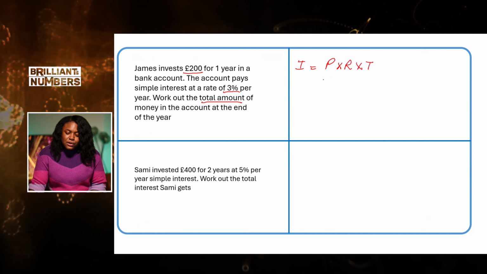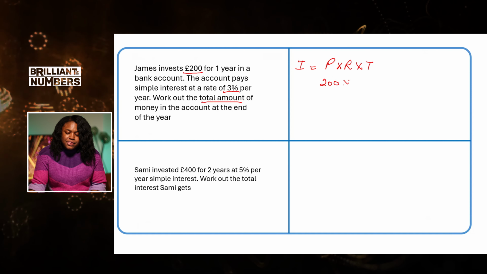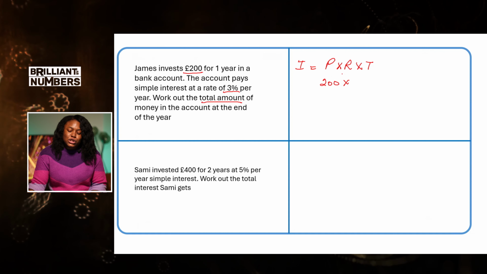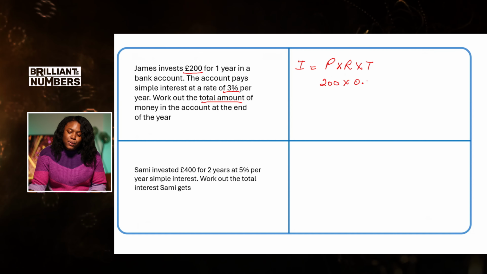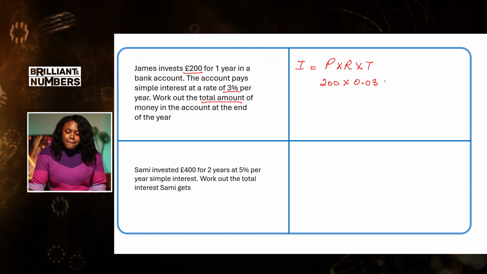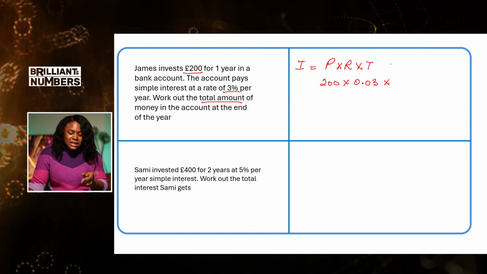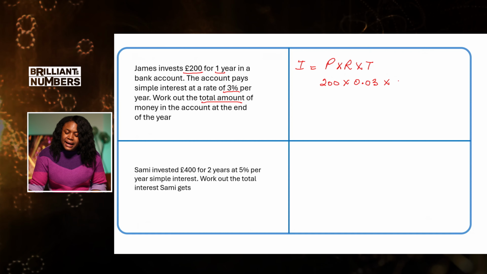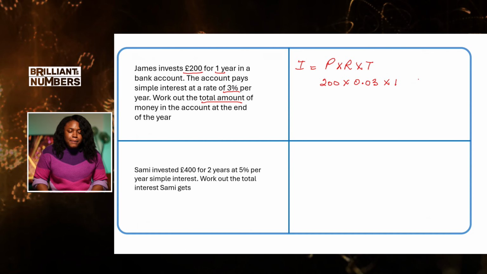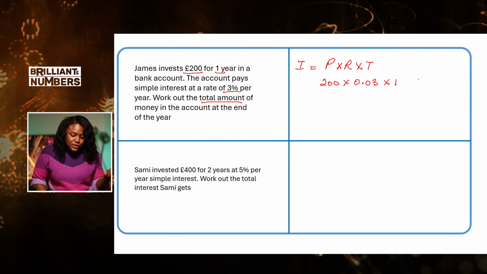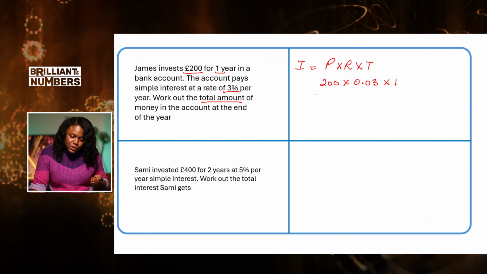So the principal is 200. The rate is 3%, which we can write as 0.03, multiplied by the time, which in this question is 1 year, so no effect there on our multiplication. So I'm just going to put that in my calculator quickly.